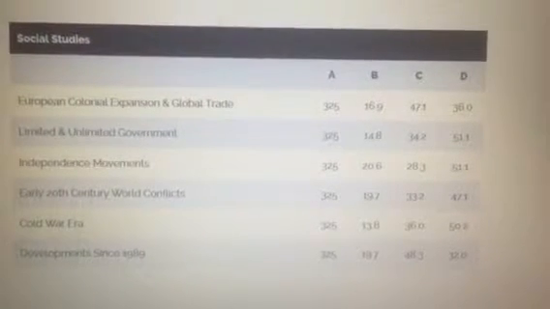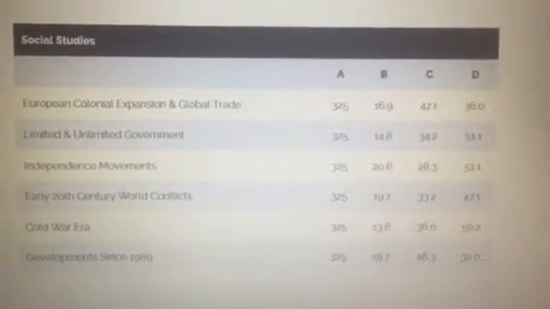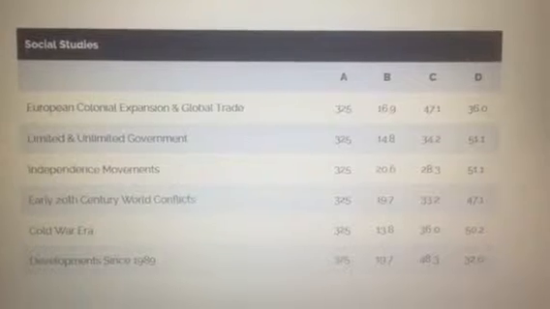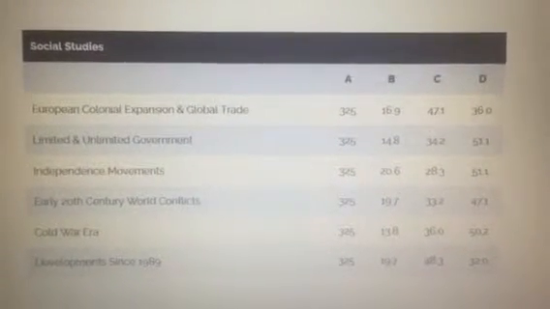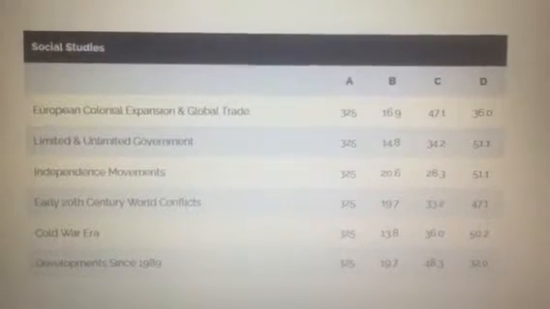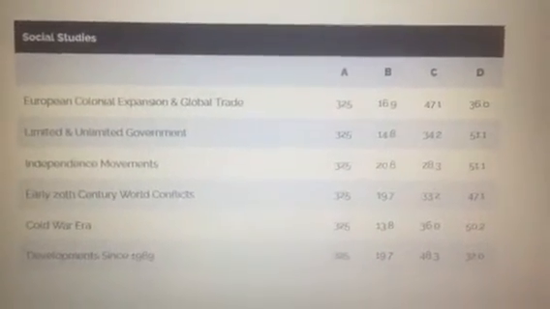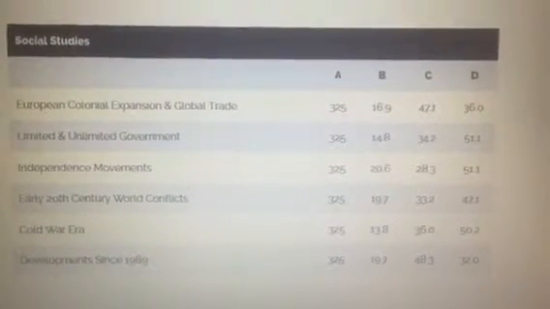For 7th grade social studies, our numbers are a little different. We have about 36% of our students demonstrating strengths in European colonial expansion. The other areas are limited and unlimited government, independence movements, early 20th century conflicts, Cold War, and developments since 1989.